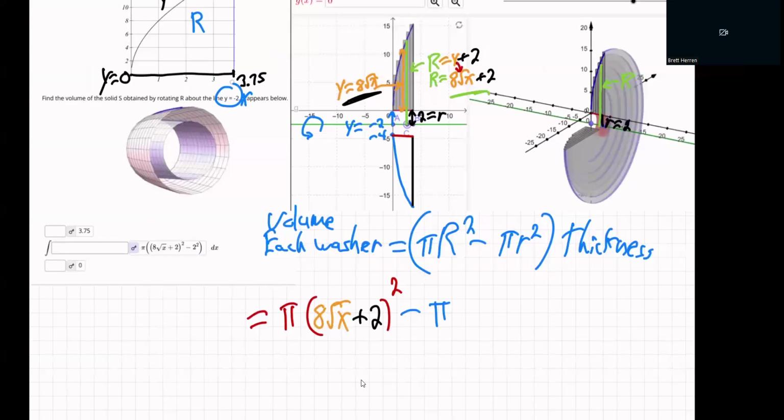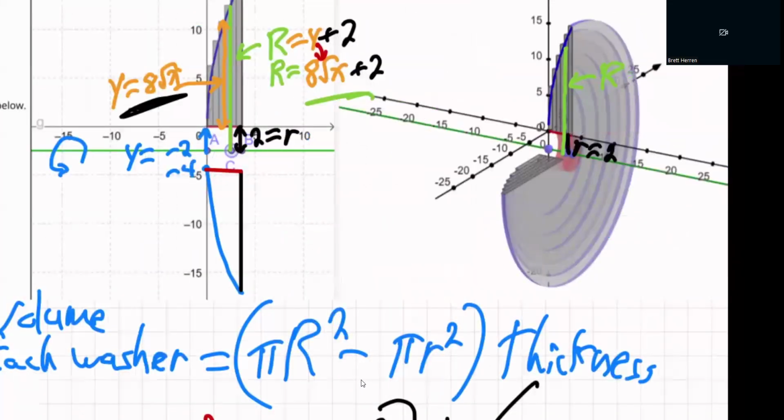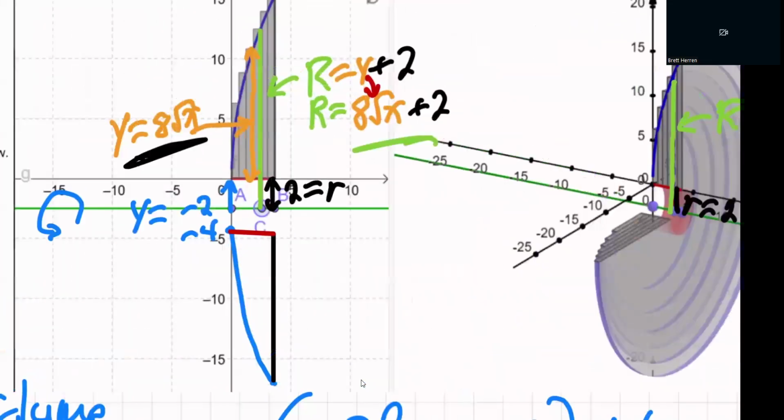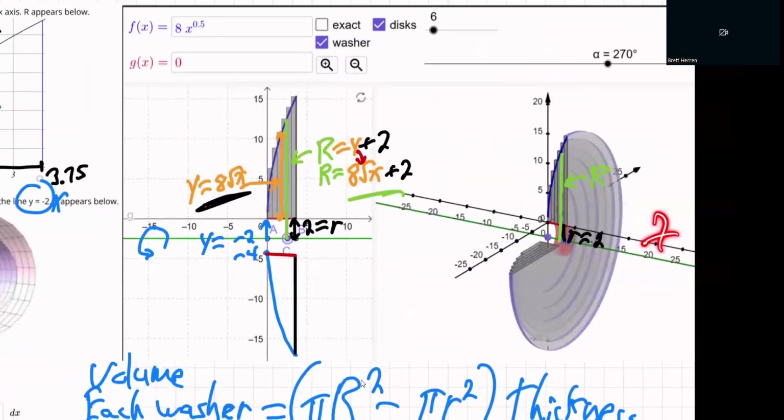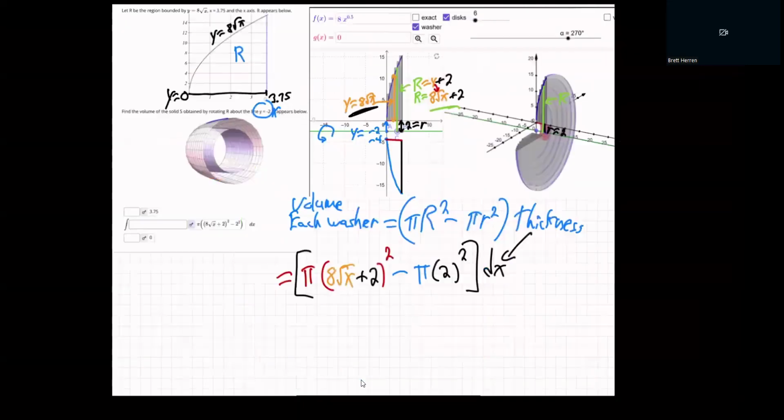Inner radius, we saw that's just 2 all the time. And then the thickness is dx. You can see the thickness right here on this one. It's dx thick, how thick each disk is, as we stack them up along the x-axis.